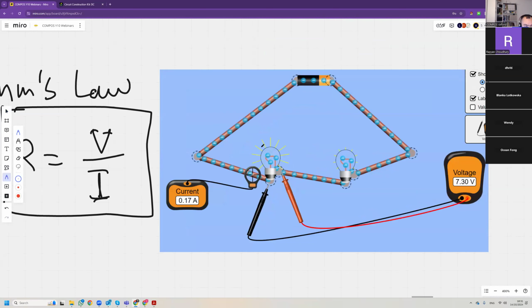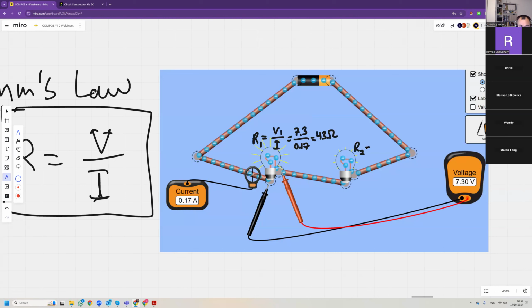So resistance R1, let's call it R1, is voltage V1 divided by current, which is 7.3 divided by 0.17, which is 43 ohms.